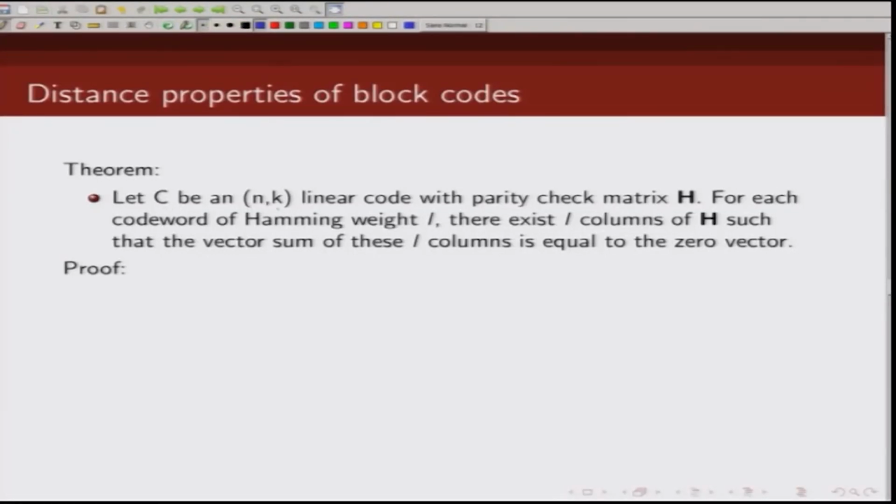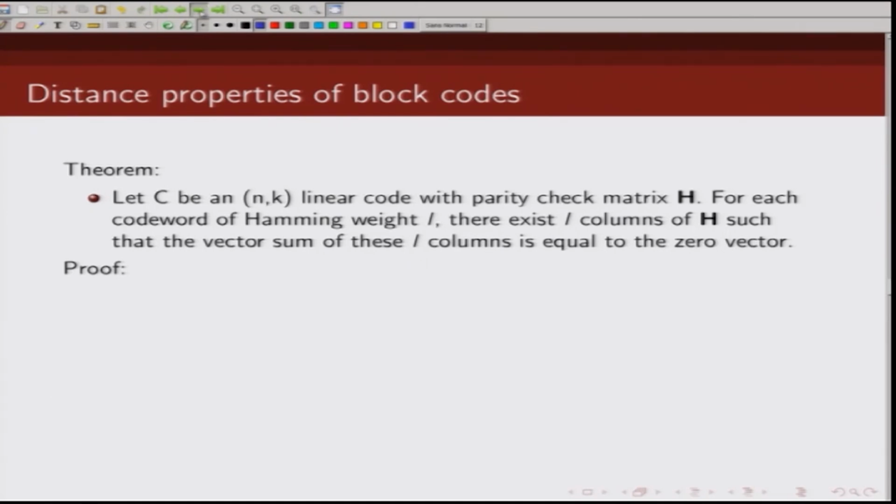If C is an (n, k) linear block code whose parity check matrix is given by H, then for each code word of weight L, there exist L columns of this parity check matrix H such that the vector sum of these columns is equal to the 0 vector.